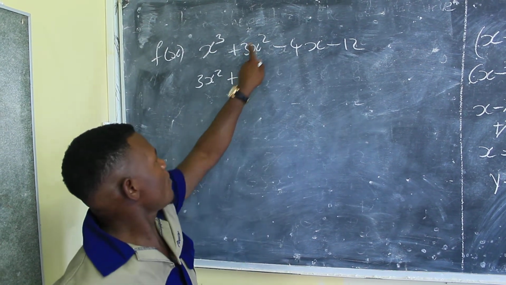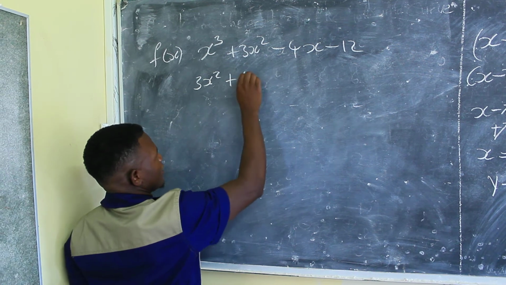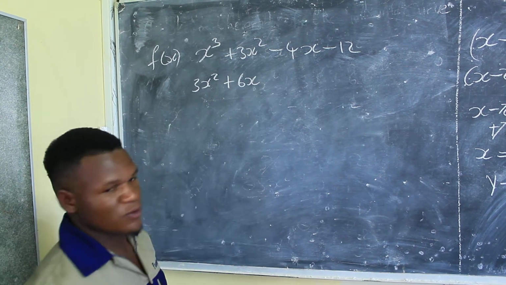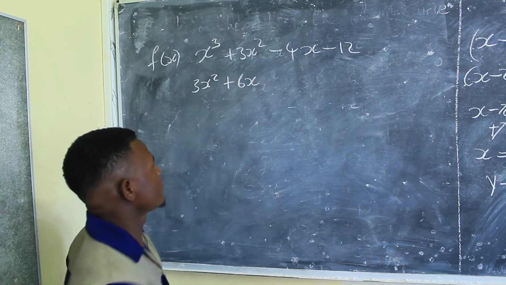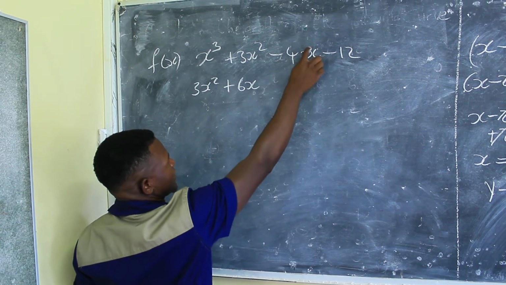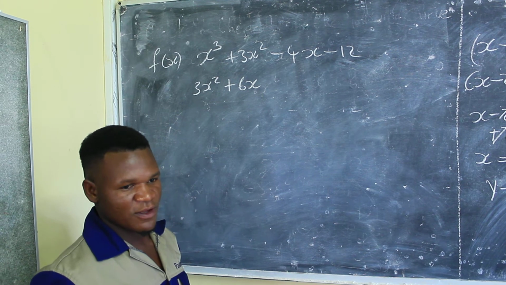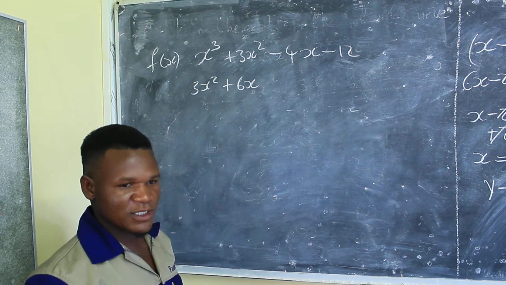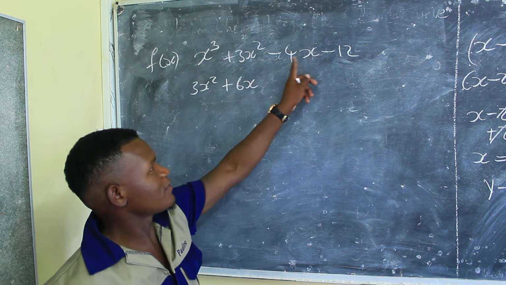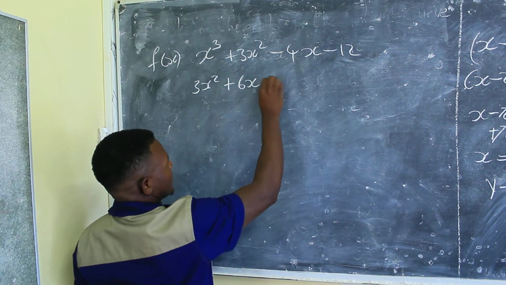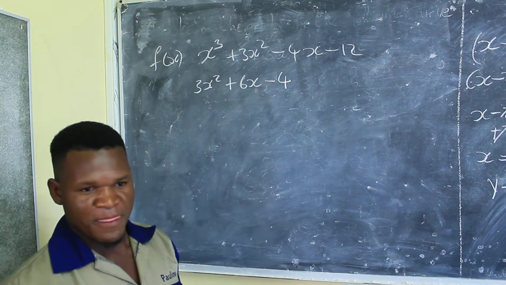Plus 2 multiplied by 3 is 6. 2 minus 1 is 1. This one is to the power 1, isn't it? 1 minus 1 is 0. Anything raised to the power 0 is 1. Now 1 multiplied by 4 is minus 4.